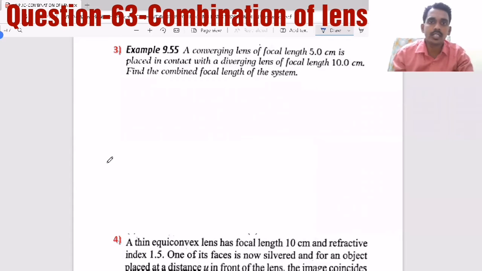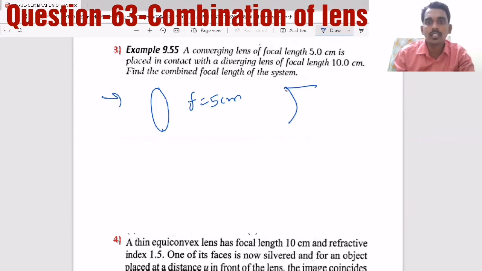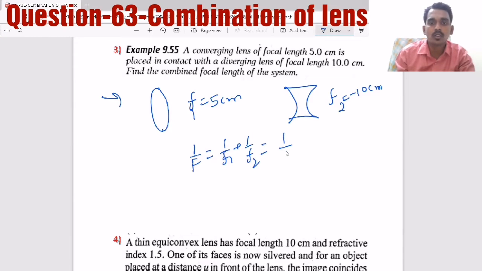Now the next question is a converging lens of focal length 5 centimeter. So converging lens means convex lens. It is placed in contact with a diverging lens, meaning concave lens, with focal length minus 10 centimeter. So when you keep them in contact, 1 by f equals 1 by f1 plus 1 by f2, equal to 1 by 5 minus 1 by 10.